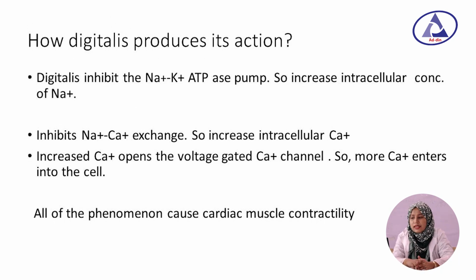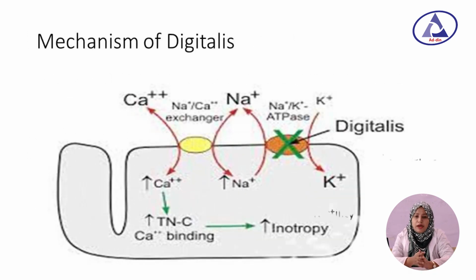Now, how does digitalis produce its action? At first, I want to show you a diagram. Here there is the sodium potassium pump, and 3 sodium goes outside in exchange for 2 potassium going inside the cell. This is the sodium potassium ATPase pump, and at first digitalis causes inhibition of this pump.